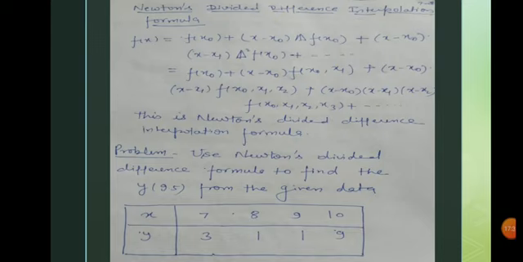So what is the divided difference of f(x0)? Remember that this term is also equal to f of x0, x1, which means (f(x1) minus f(x0)) upon (x1 minus x0).